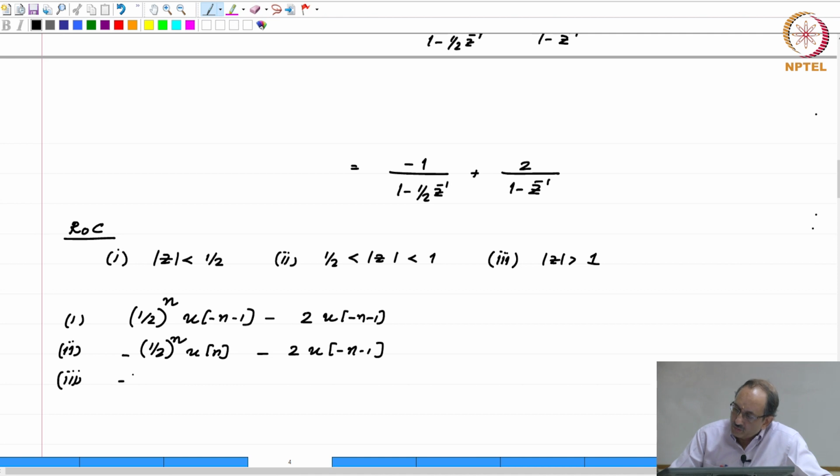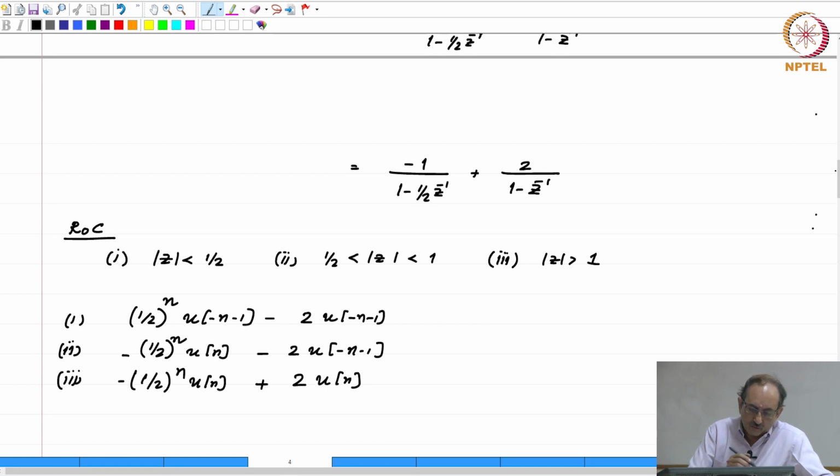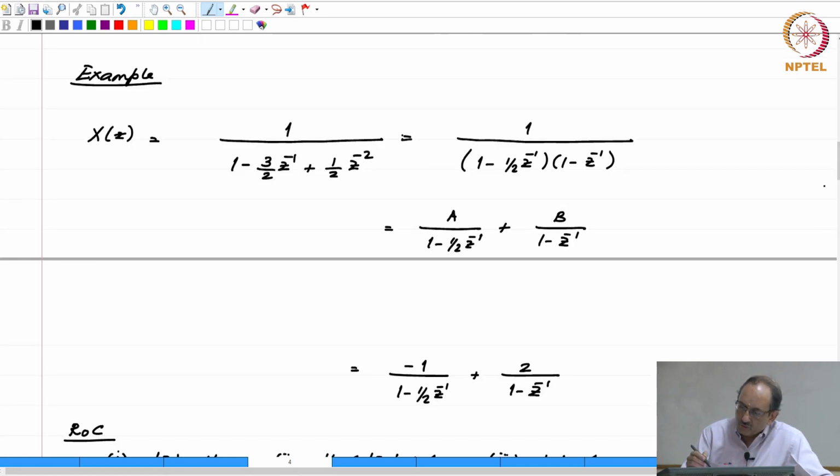Therefore, this becomes the right sided sequence, and this is 2 times u of n. So these are the 3 possibilities.